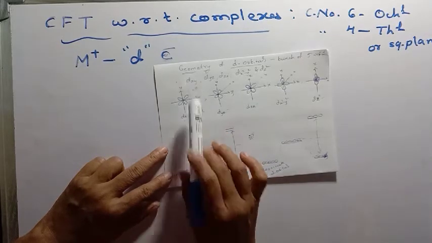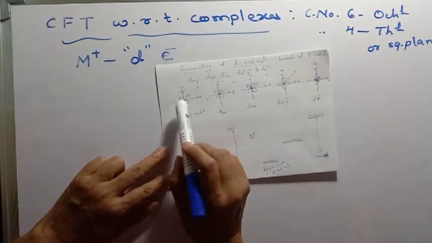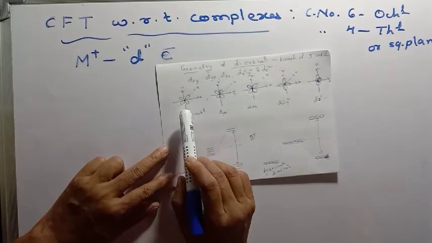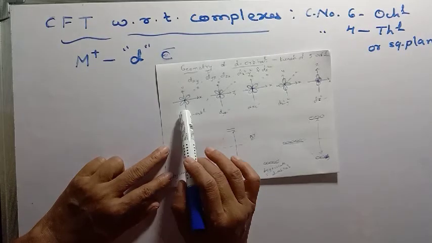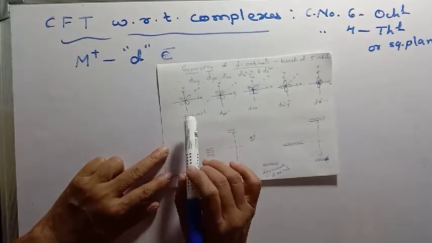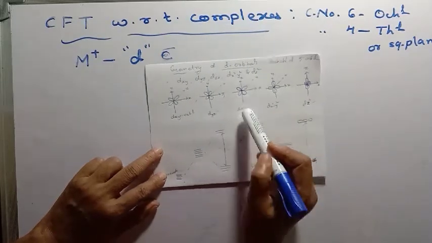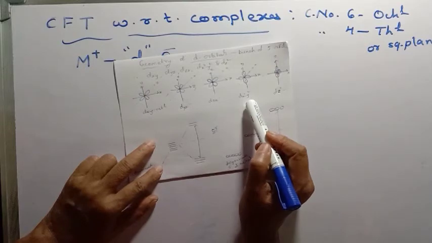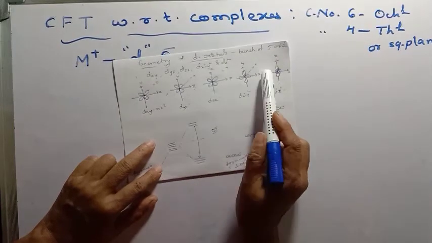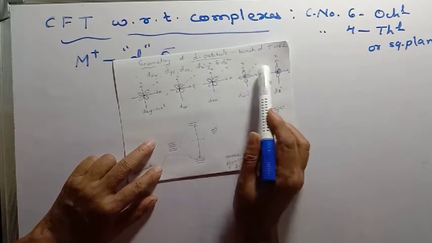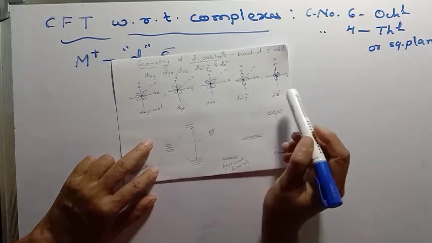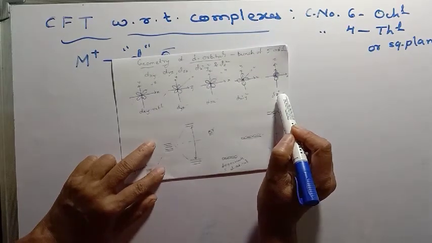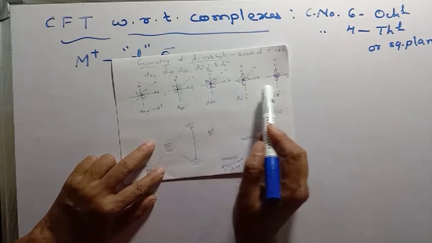For example, this is a picture of dxy. This is the x-axis, this is the y-axis. Four lobes are oriented in between the x and y axes. Similarly dyz, dzx. The fourth one is dx square minus y square, where lobes are oriented along the x-axis and y-axis. And the last one is dz square.